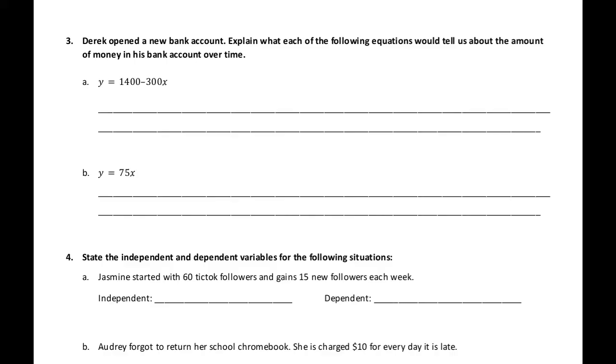Okay, yes. So, excellent. Derek, and I'm just going to reword it. What you said was absolutely fine. I'm going to say Derek started with how much in his account? Derek started with $1,400 in his account, and I can't remember the word you said.